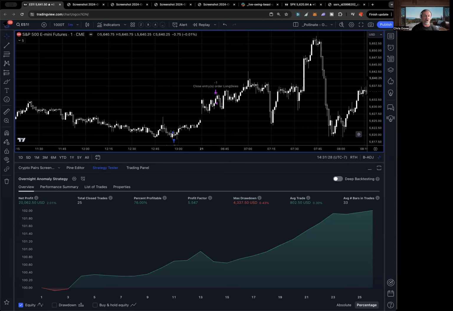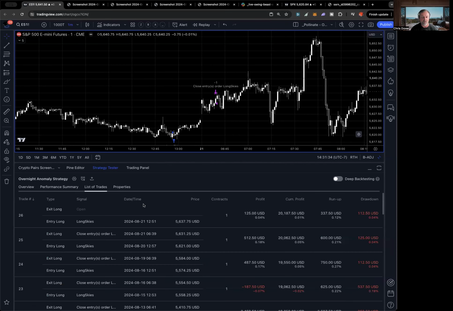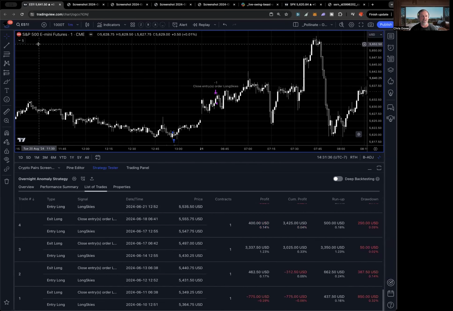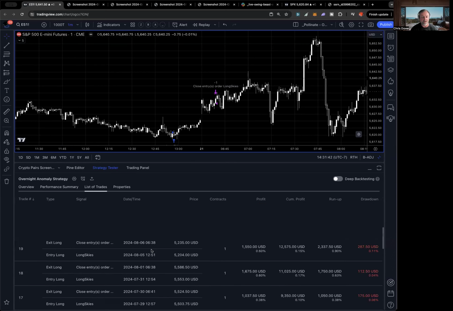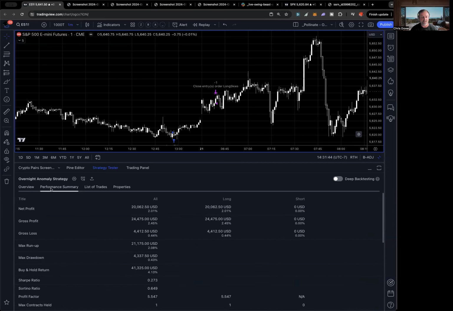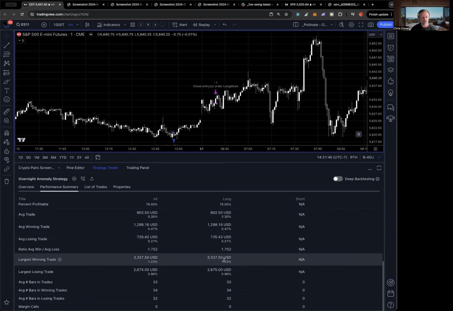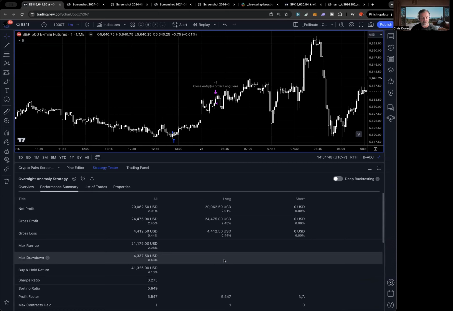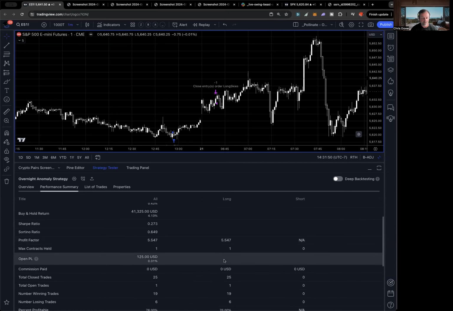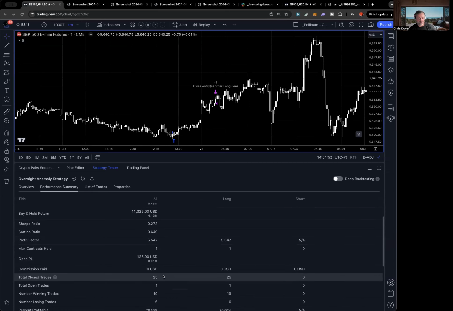The downside of TradingView is it only gives me data back to June, because it's a 1-minute chart. But in that period, there have been 25 trades, 19 winners, 6 losers.